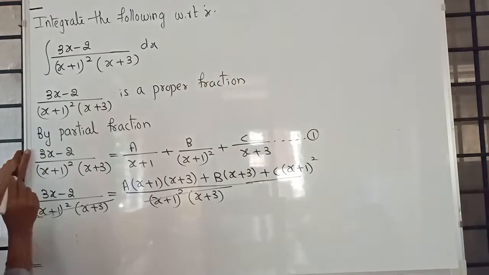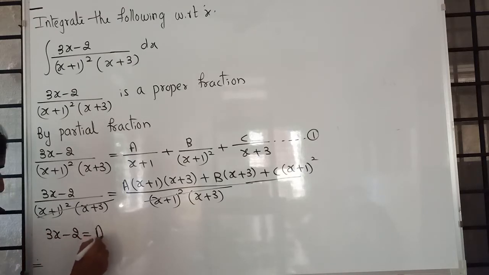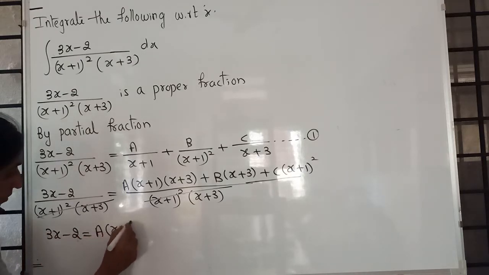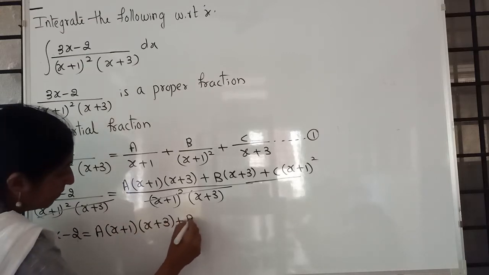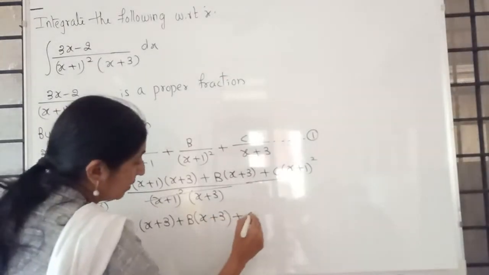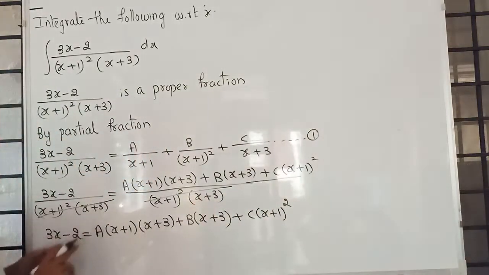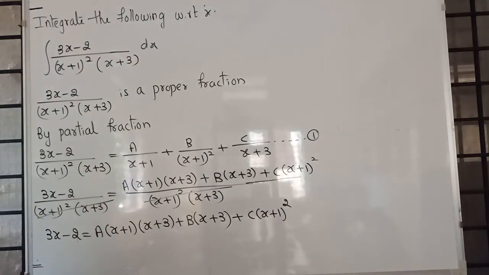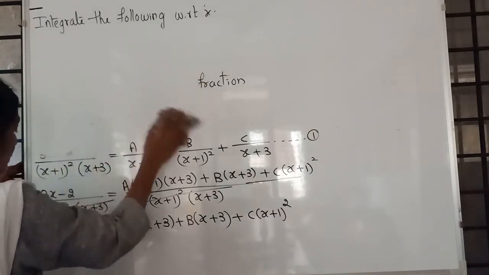So on both sides the denominator gets cancelled, write down the remaining terms. 3x minus 2 is equal to a into x plus 1 into x plus 3, plus b into x plus 3, plus c into x plus 1 whole square. Select the brackets 1 by 1. First I am selecting x plus 1 as 0.